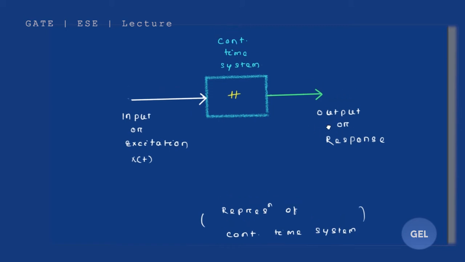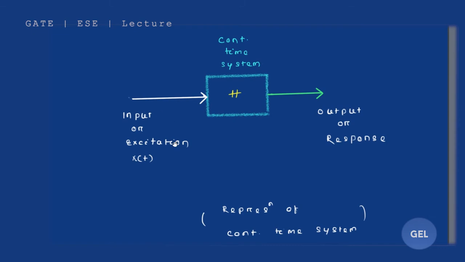In simple language, if the input or excitation is x of t, your continuous time signal, then the input is transformed into a continuous time signal as well, and that is regarded as the response.